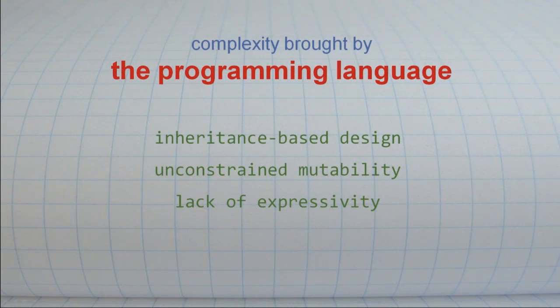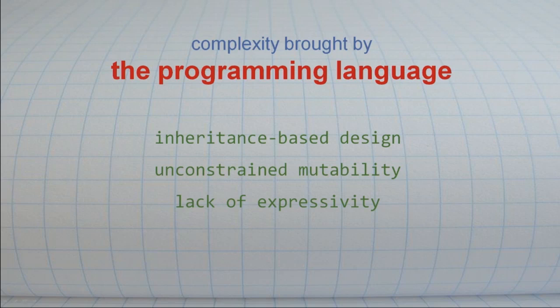It's hard to do in a language which does not constrain mutability. And by the way, these popular programming languages fall into this category, like C#, Java, Groovy, Ruby, many others. And if your language lacks expressivity, it's less of a problem for complexity, but it sucks in general, so I just put it there.